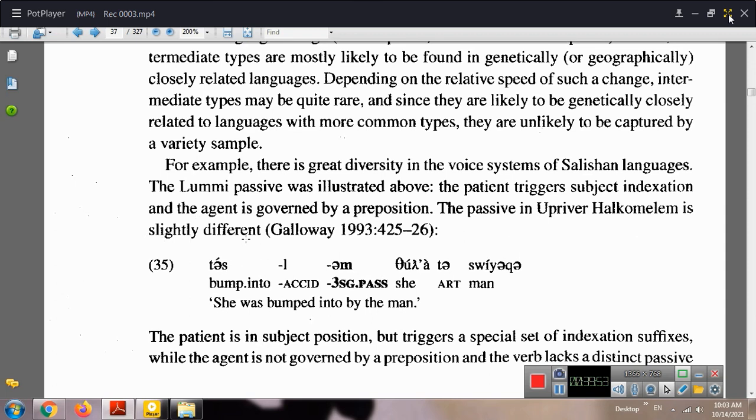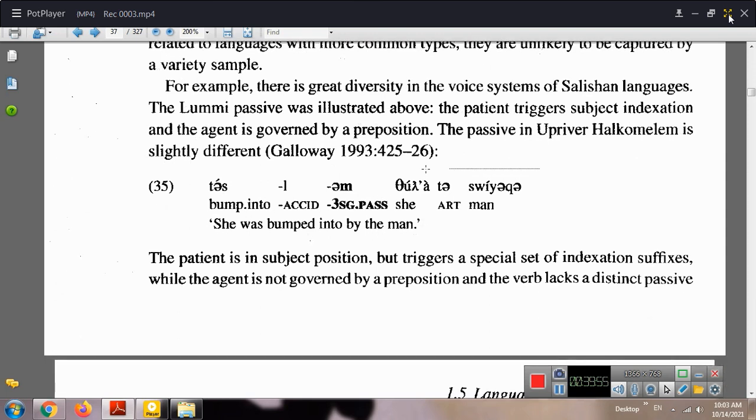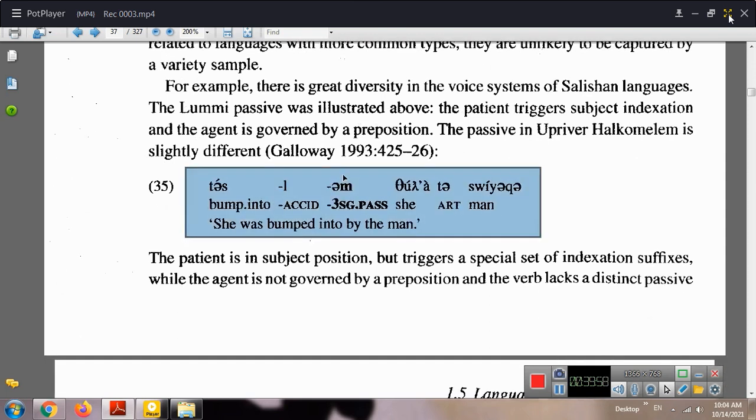The passive in Halkomelem is slightly different. Here you can see the passive verb of this language, which we show by M, which shows the third person singular, and means she was bumped into by the man.